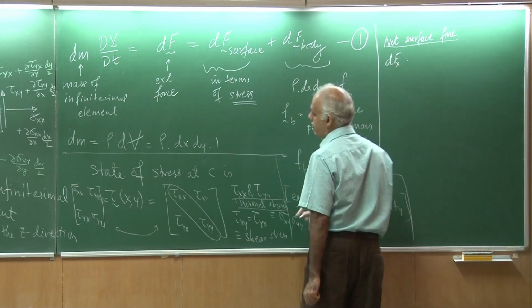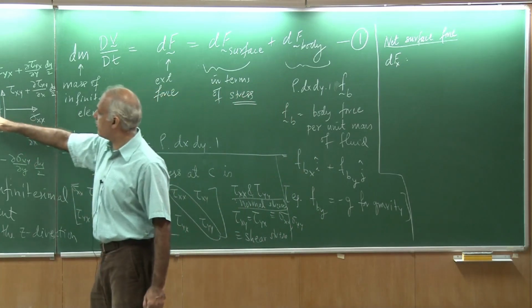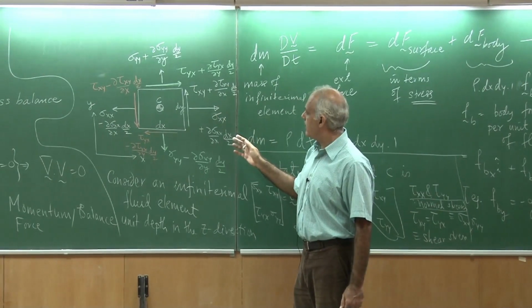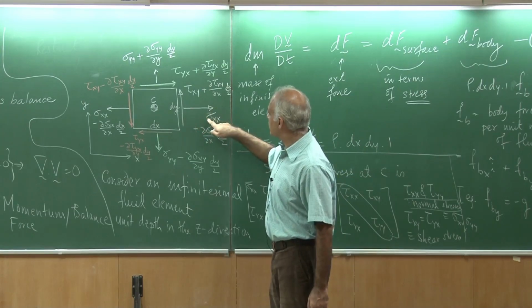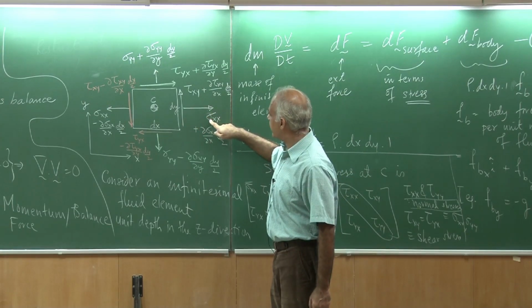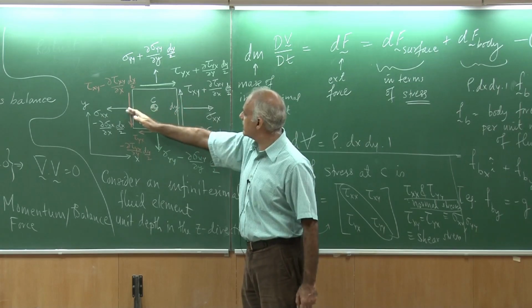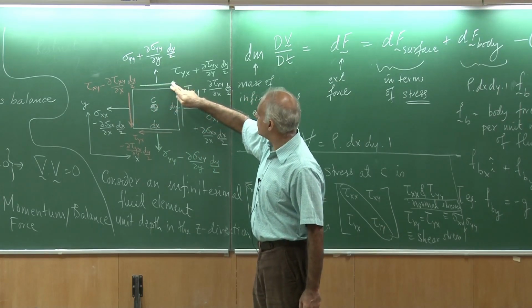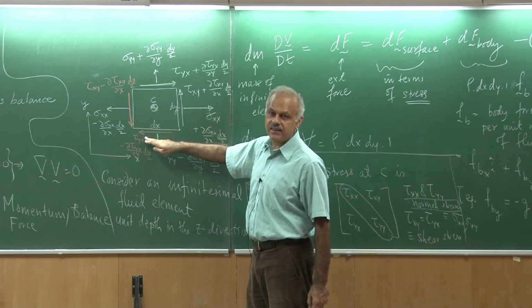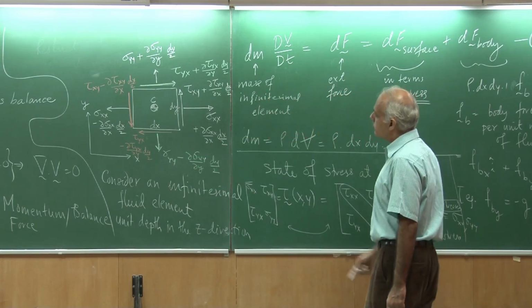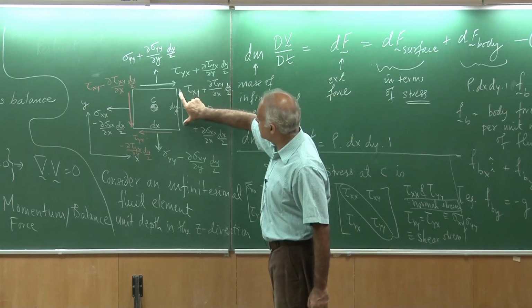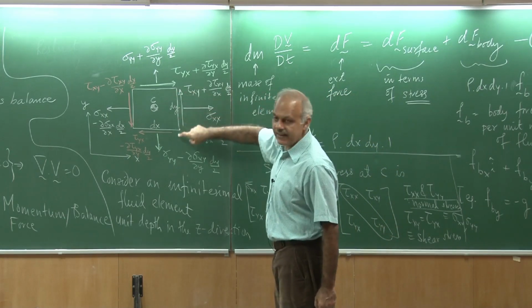First I try to compute dfx. Okay, so the force is along the x. You can see that there is a force in the x direction because of sigma xx on the two faces, and also because of tau yx on these two faces. So all I have to do is just multiply this stress by the area here.